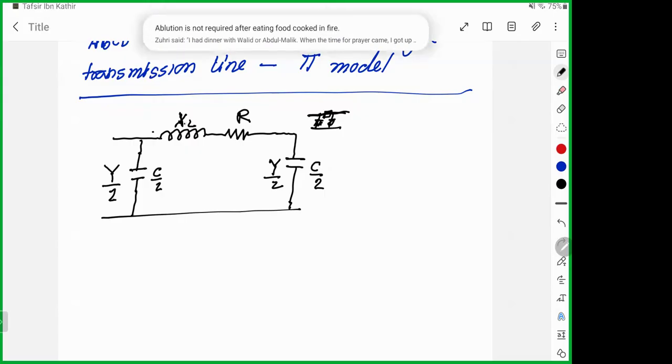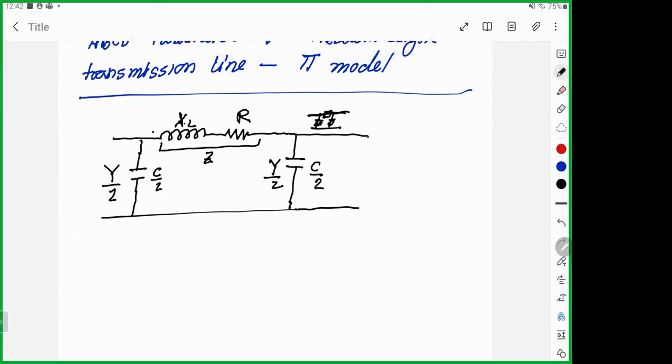This whole branch with R and XL will become my Z. And I will have my load, ZL, connected at the end of this terminal. This one is my receiving end voltage, and this is my receiving end current. Similarly, this one will be my sending end voltage, and this one my sending end current.